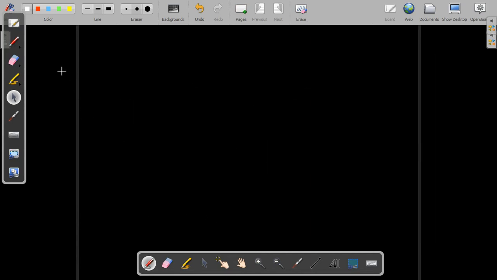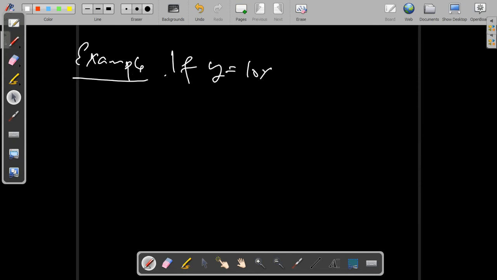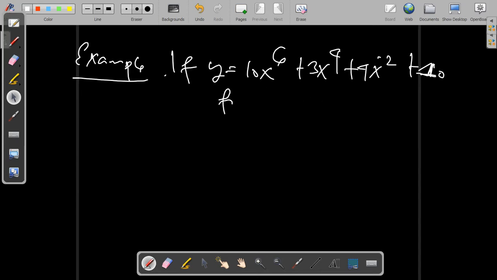Another example, if y is equal to 10x raised to the power of 6 plus 3x raised to the power of 4 plus 4x raised to the power of negative 2 plus 10, then you are required to find dy over dx by using the linear function rule.